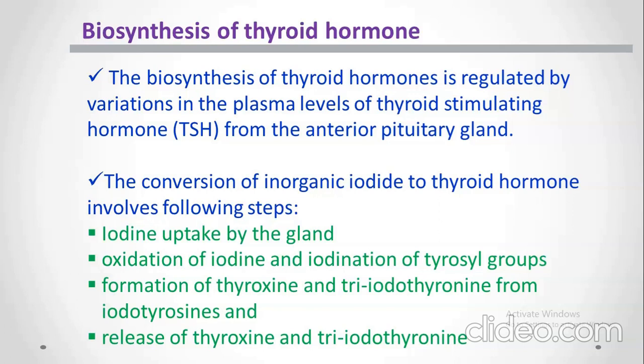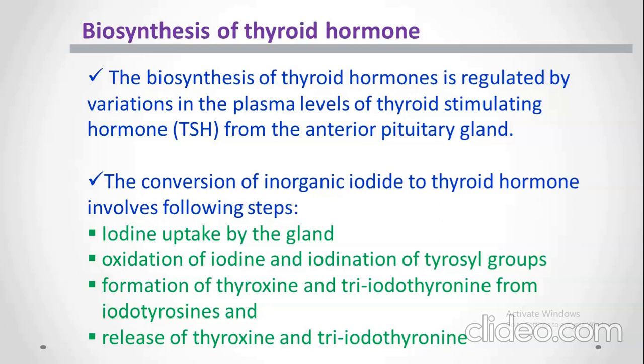Follicular epithelial cells take up iodide ions from the blood through the sodium iodide symporter. Iodine uptake is an active transport against the electrochemical gradient because the iodide level in the thyroid gland is much higher than that in the plasma.